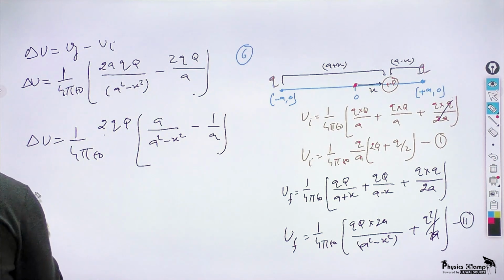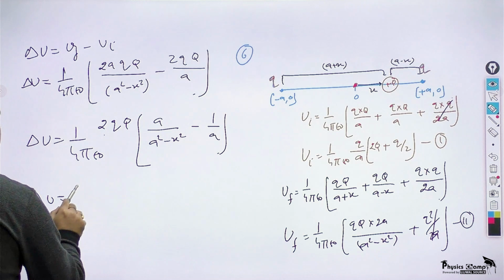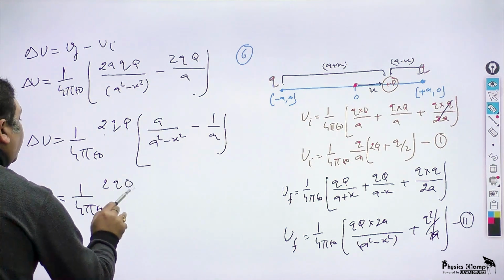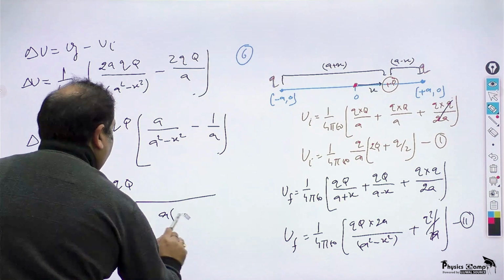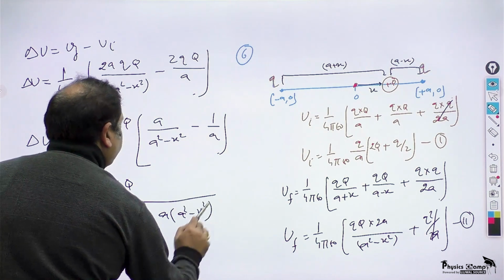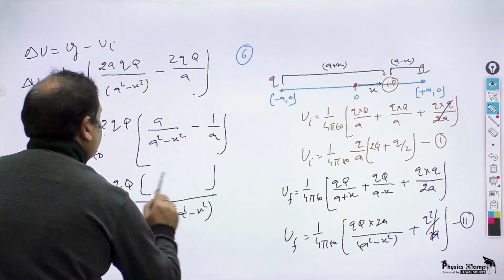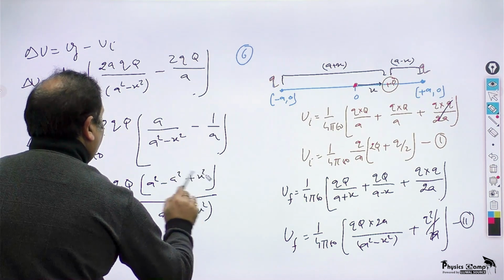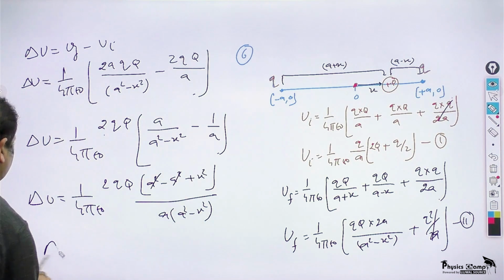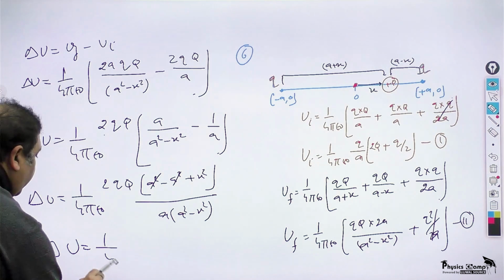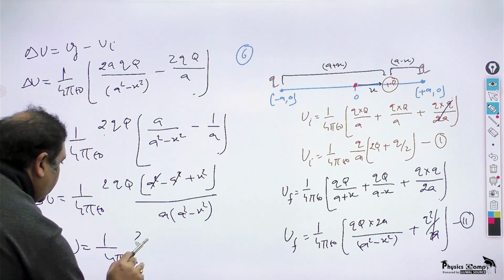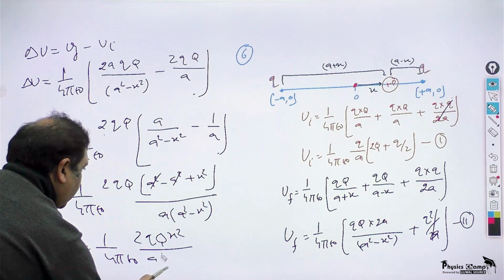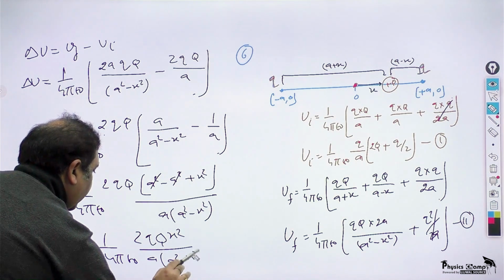So we are getting 1 by 4 pi epsilon naught 2 small q capital Q, a square minus x square, and here a square minus a square plus x square. So change in potential energy will be 1 by 4 pi epsilon naught 2qQ x square by a into a square minus x square.